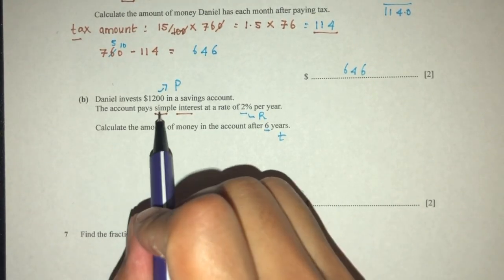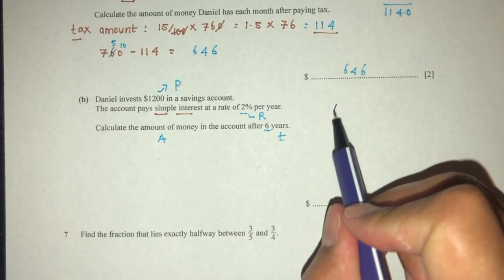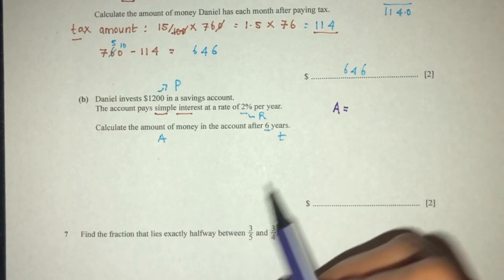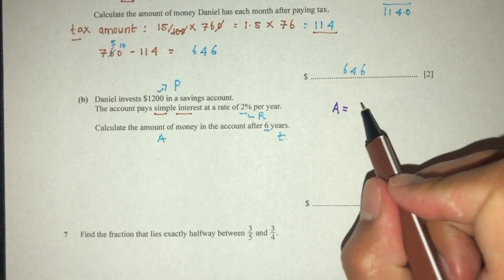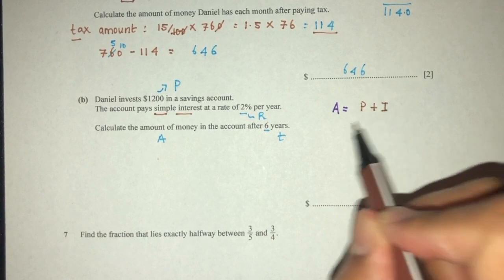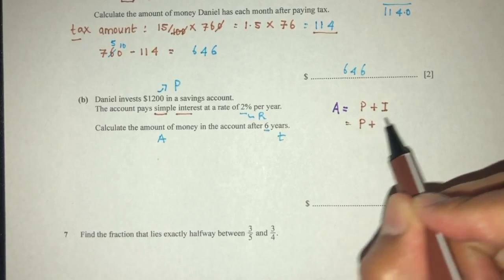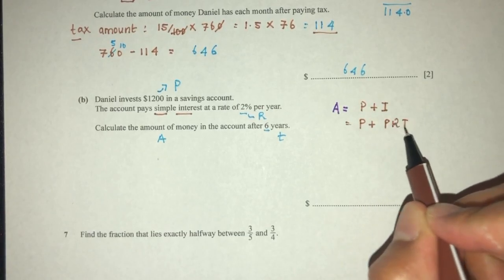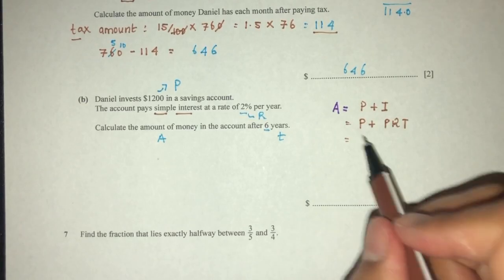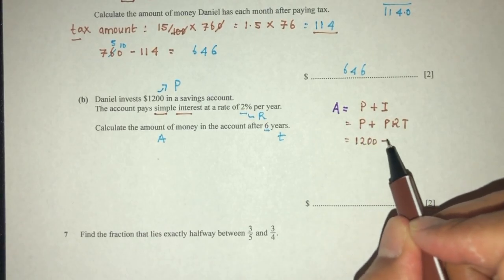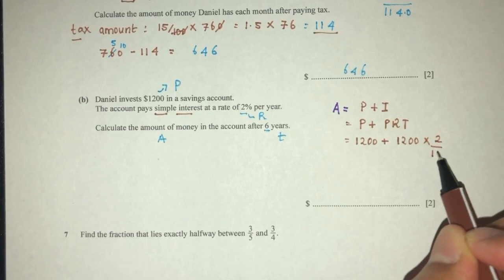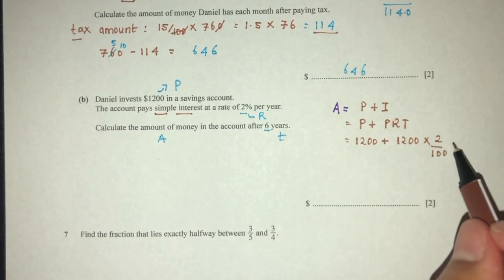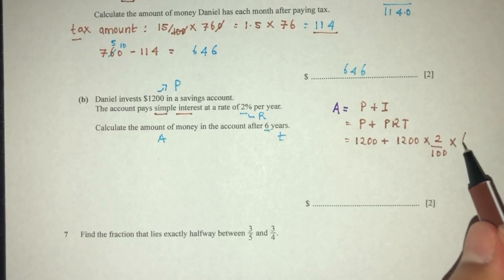Because it is simple interest, the formula we have to use is A equals principal plus interest. Principal is P, interest is PRT. P is 1200, the principal investment, plus 1200 times the rate, which is 2 over 100, 2%, and times the time, which is 6.